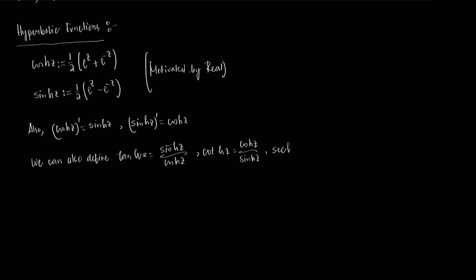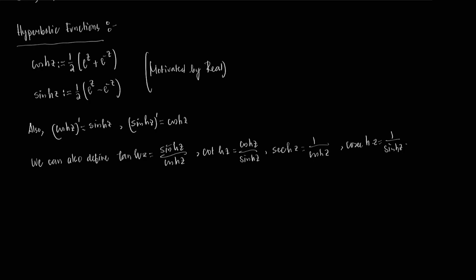Secant hyperbolic z is 1 by cosine hyperbolic z, and cosec hyperbolic z is 1 by sine hyperbolic z. Okay, so these are all hyperbolic functions.